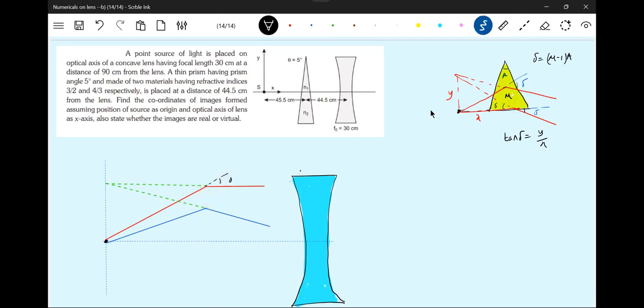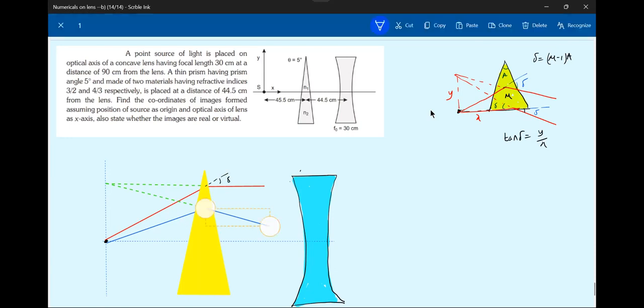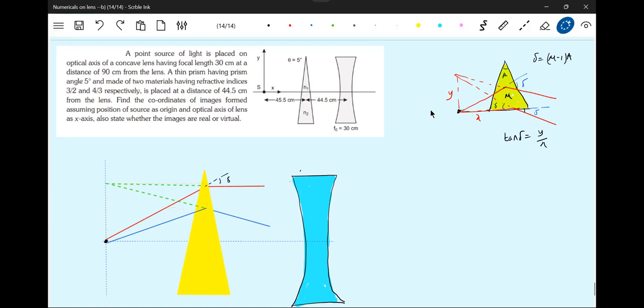It has suffered. I'll show it here. There's a deviation; the ray wanted to go straight.